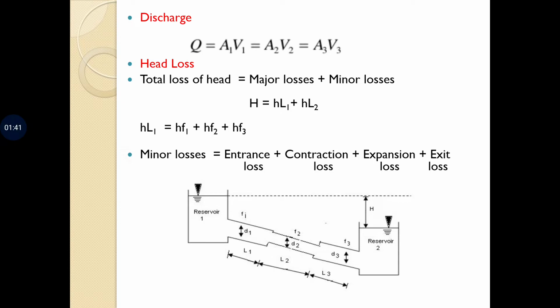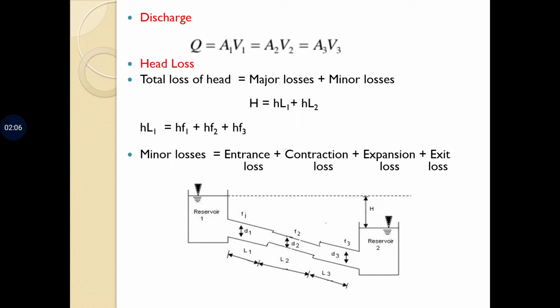Major loss can be represented by HL1 and minor loss by HL2. Major loss is due to friction occurring in pipe number 1, pipe number 2 and pipe number 3. The summation of all the frictional losses will give us the major loss, and minor losses are due to different parameters. So let us see the minor losses.